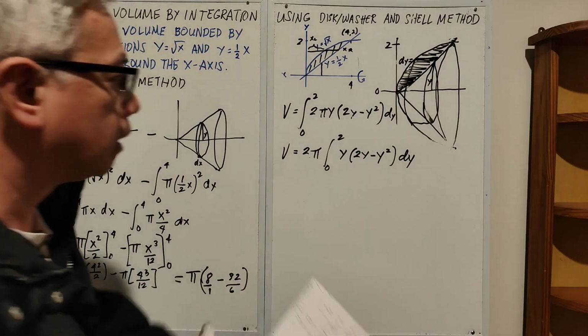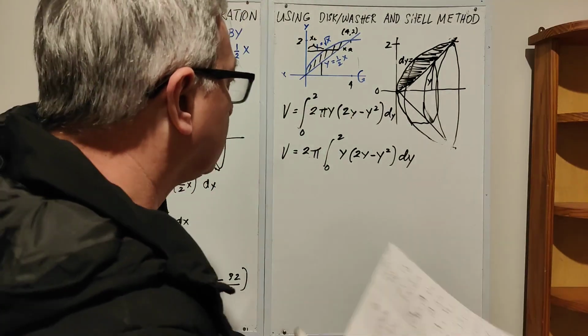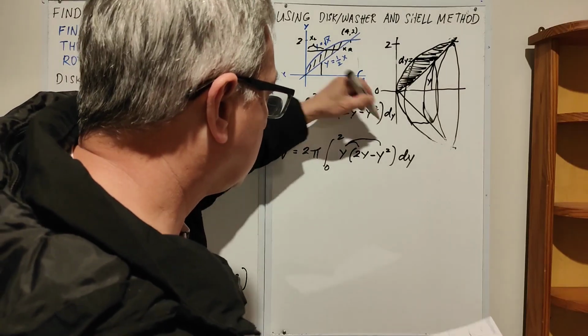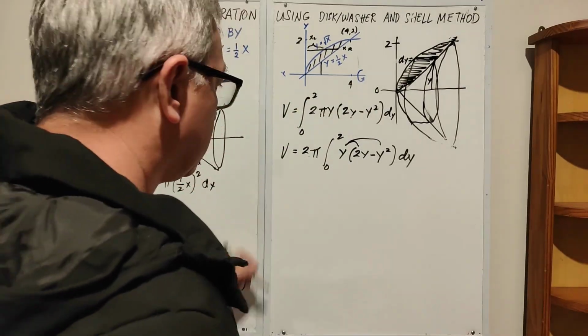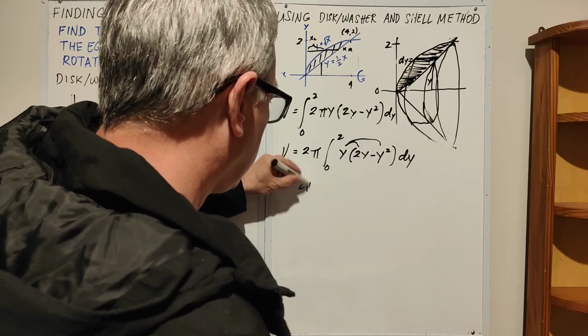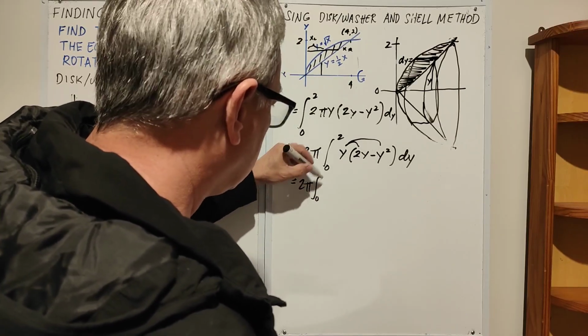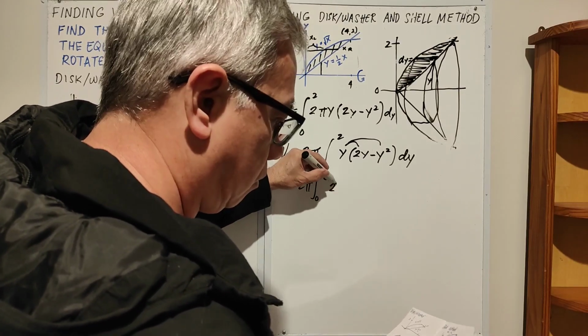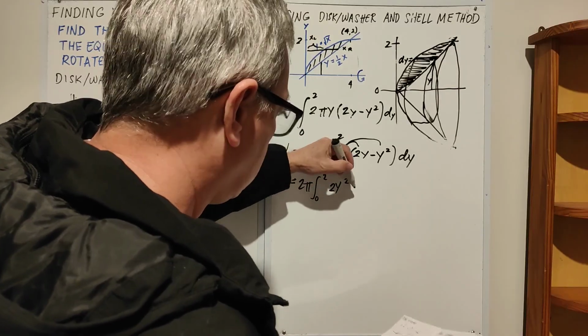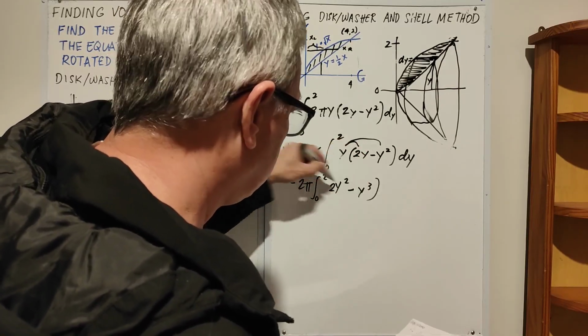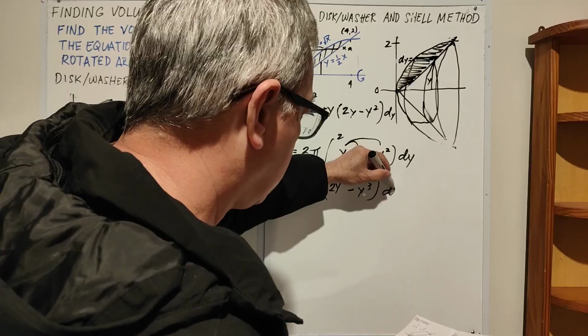We can distribute y. So what you have is 2 pi, the integral from 0 to 2 of 2y squared minus y cubed dy.